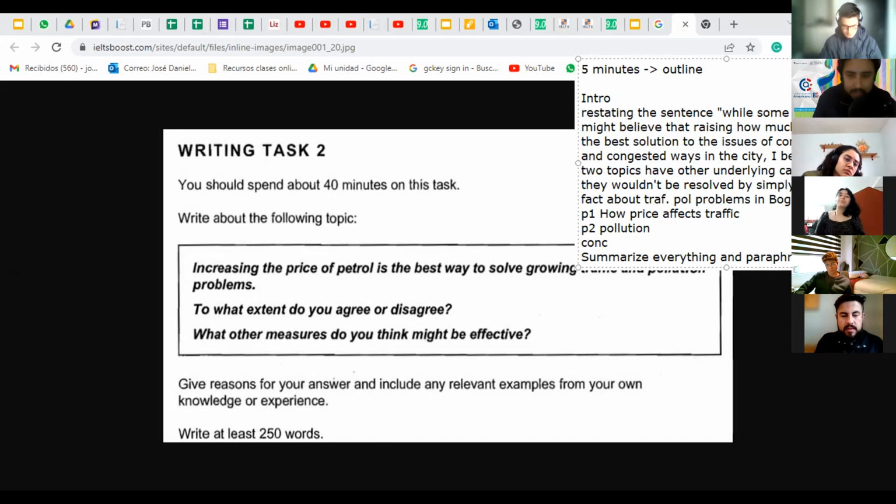By simply doing so or something like that. I don't know. This is a very bad outline, a very bad restating of the sentence. Yeah. But more or less, this is what you should do.